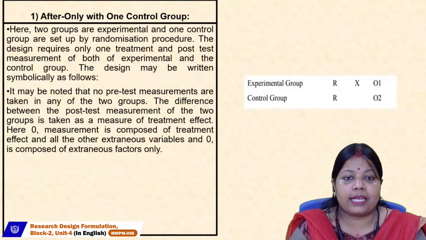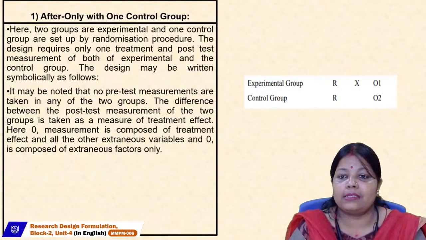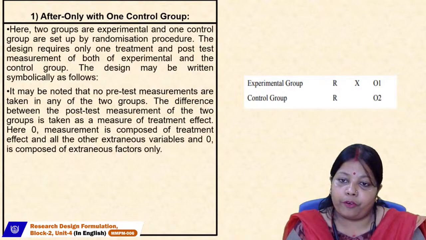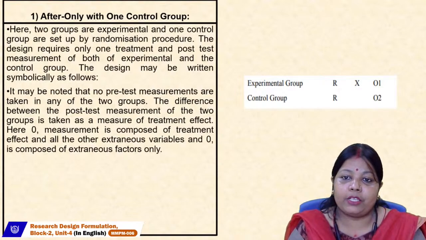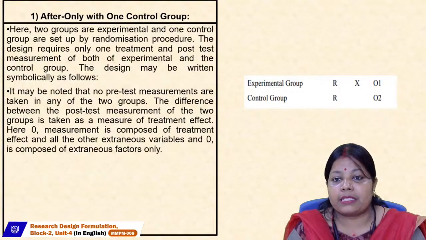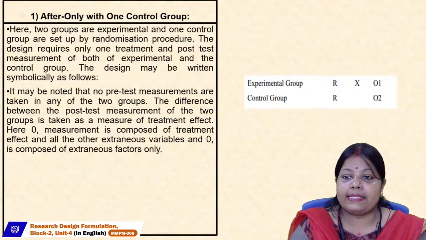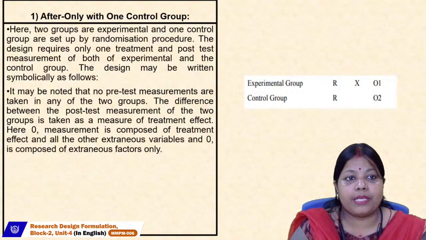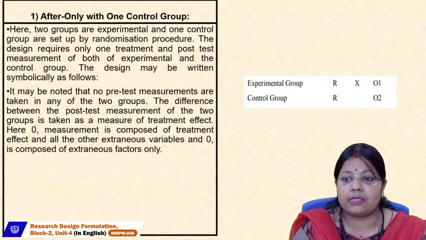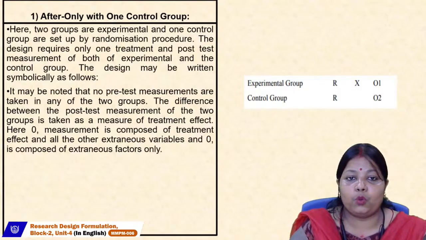So the research design may be written symbolically as, vertically we have written experimental group. You can see here experimental group, under group what are the things. Now R is there, X is there, and O1 is there, and as it is mentioned, one control group. So under control group we have mentioned only R and O2.